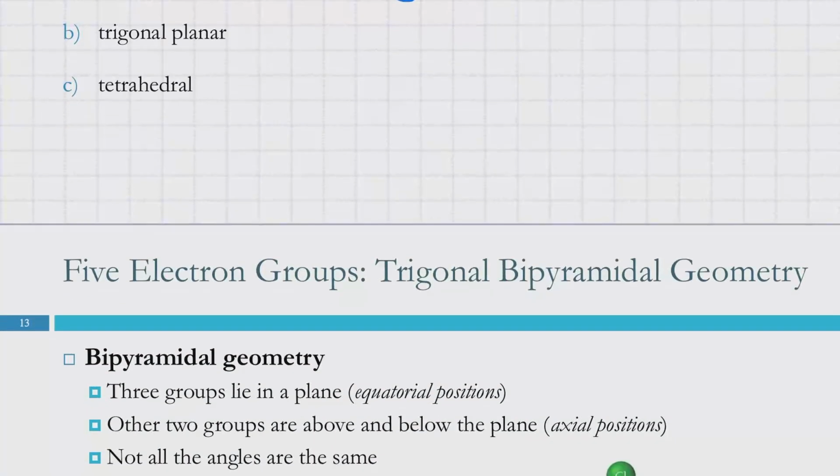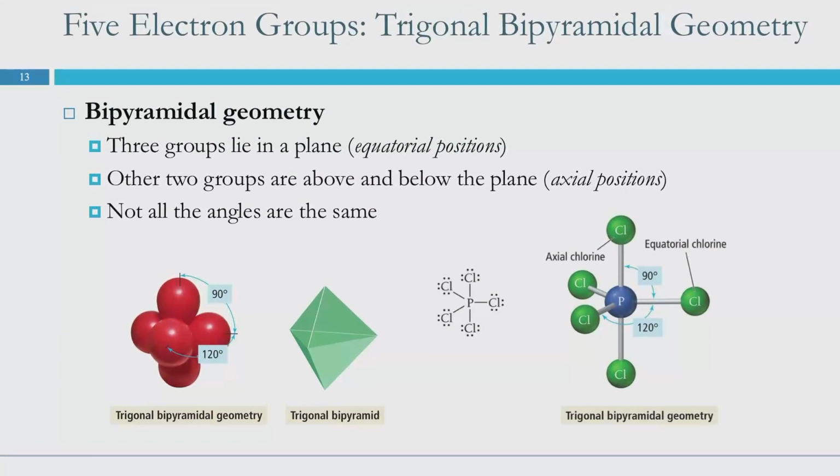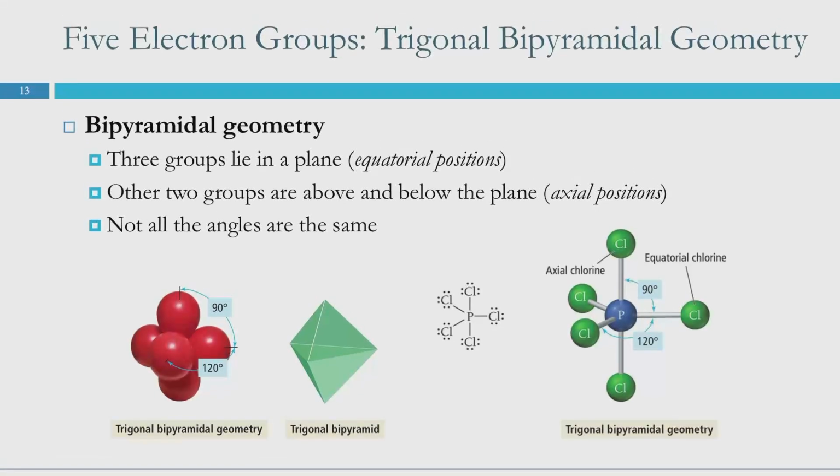And before we wrap up, I want to get into at least one of our newer geometries. So we've seen 4 electron groups. We're going to 5 electron groups. For 5 electron groups, we have trigonal bipyramidal geometry.